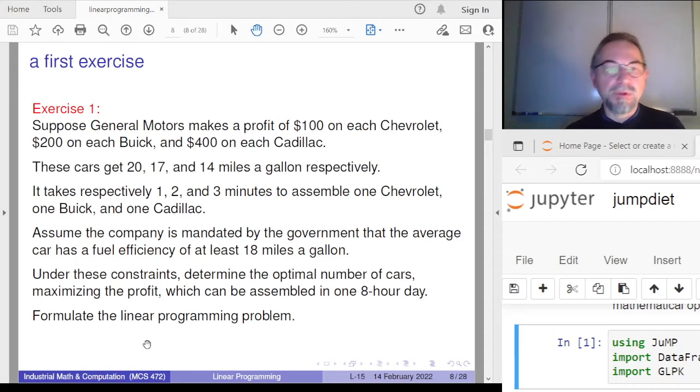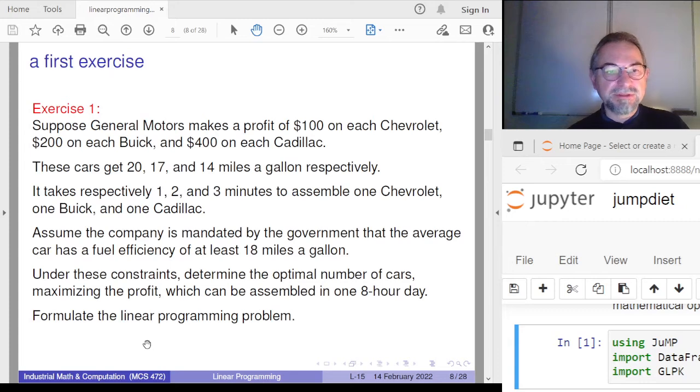On the other hand, if we would make only Chevrolets, then we would indeed satisfy it, but our profit would not be good. We also have the time requirements: if our plants are up and running, how many minutes it takes to assemble one car.